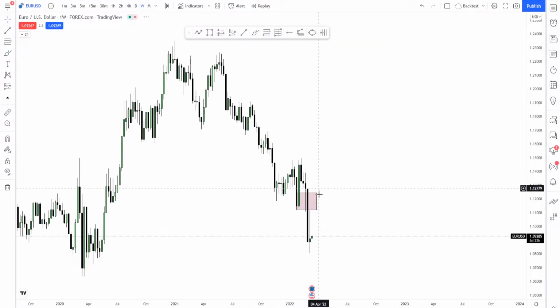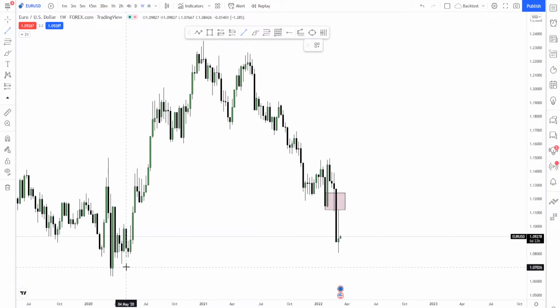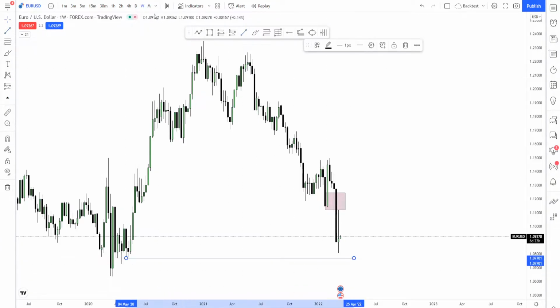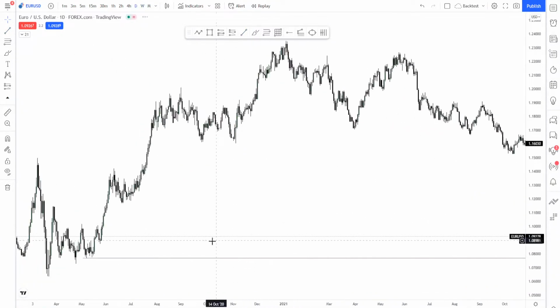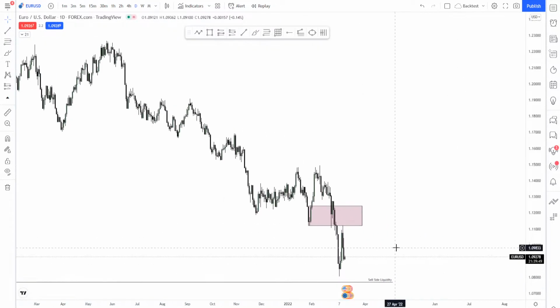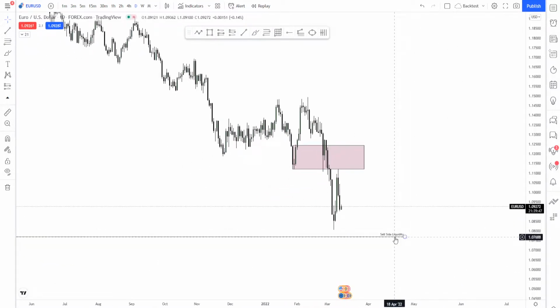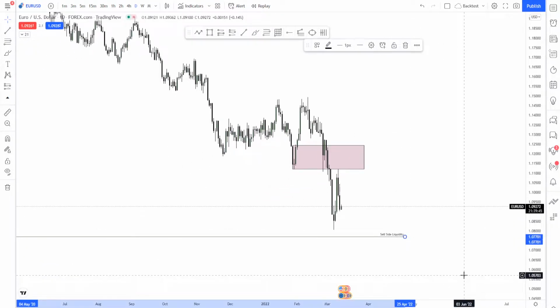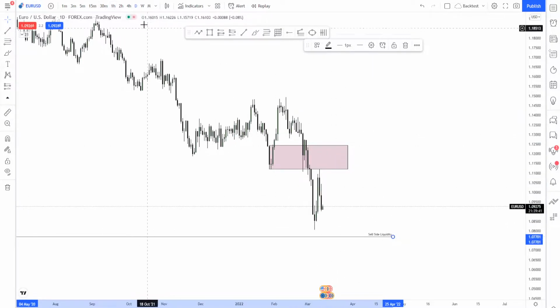So the sell side liquidity target is right here on the weekly. On the daily, it's these relatively equal lows. So here is our sell side liquidity target. So yeah, we're targeting this area right here, 1.07701. So around that area, that's where our target is.